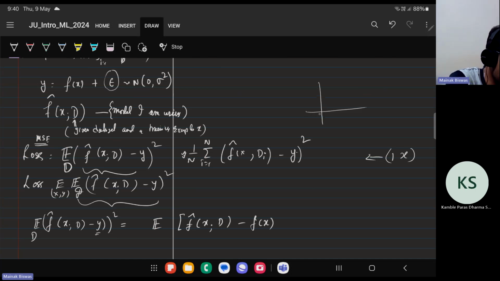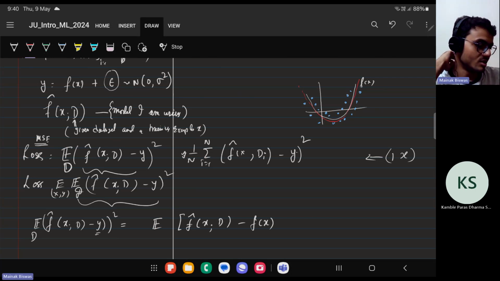Just for your understanding, say your f of x is this, and your model will add some noise. So your y's are not always on the line; they have some noise. Your objective is to train a model such that it is able to fit the actual pattern in the data, and not the noise.